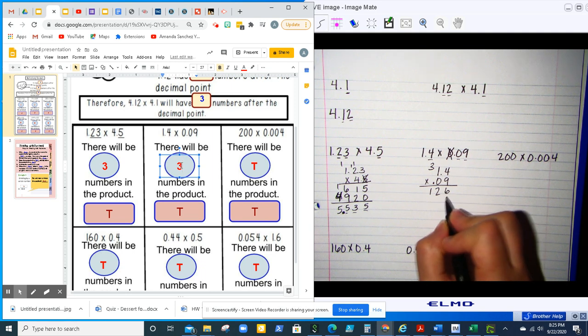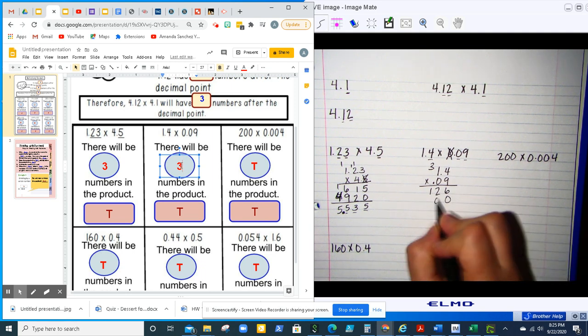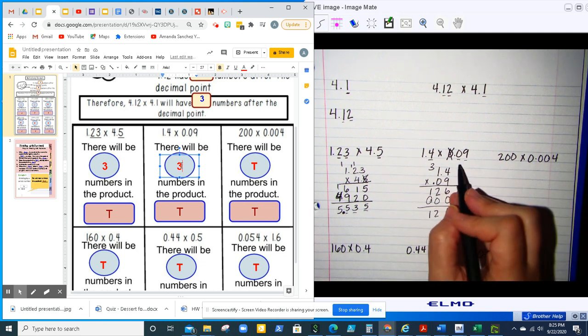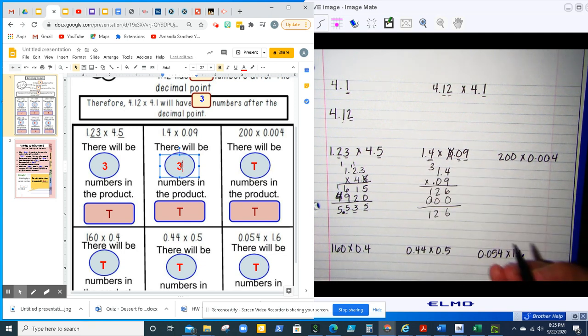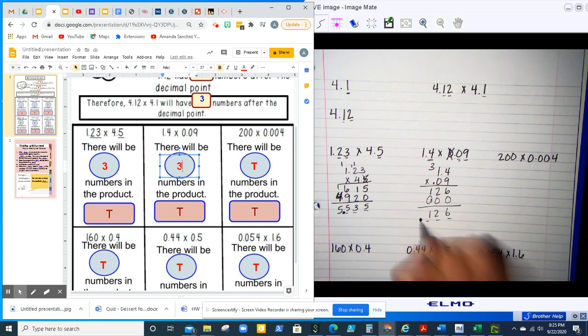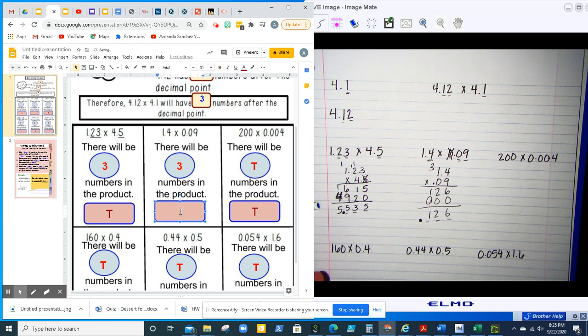So you can multiply by the 0, but remember you're just going to get your 0. So 0, 2, 1. So you should have 1, 2, 3 values behind your decimal. So it should be 0.126. And then let me put my answer here, 5.535.